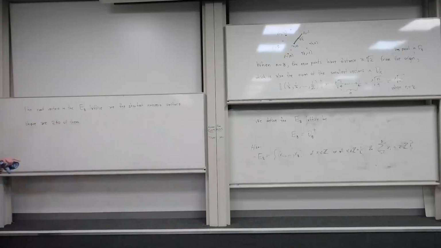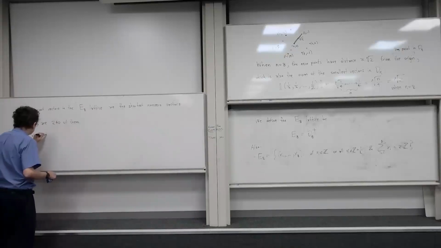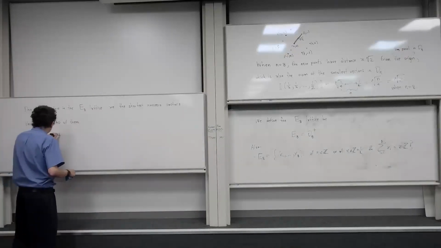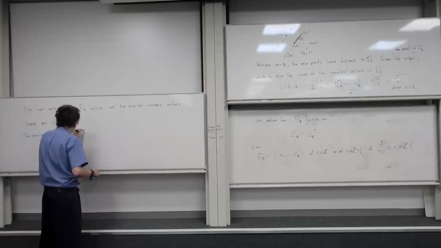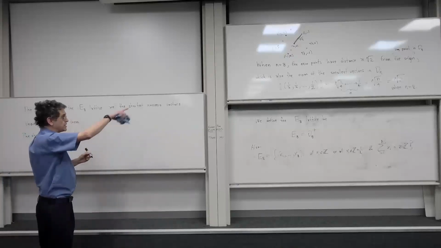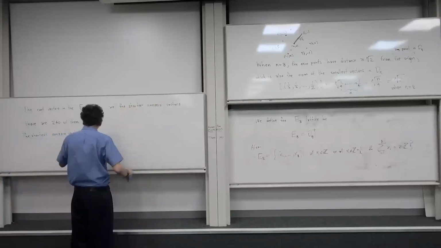First we can look at the ones that were already in D8. The shortest non-zero vectors in D8, well, I already told you they're going to have length square root of 2. Well, I didn't tell you, but I alluded to it.